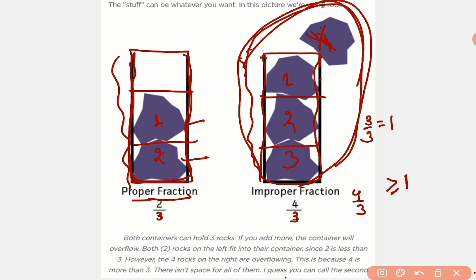So again, 3 by 3 is an improper fraction. So an improper fraction is always greater than or equal to 1, isn't it? And a proper fraction is always less than 1.